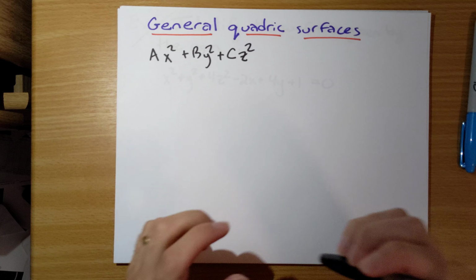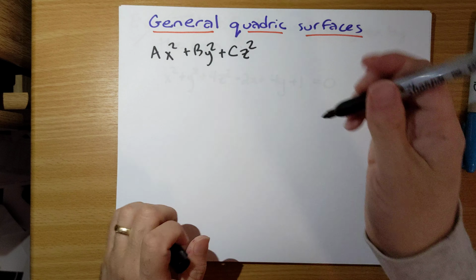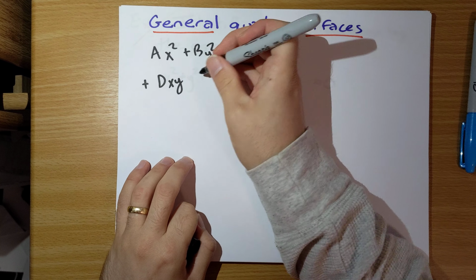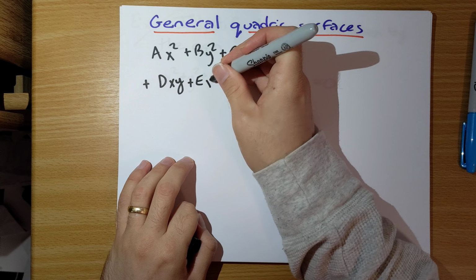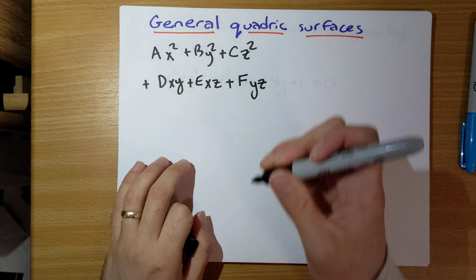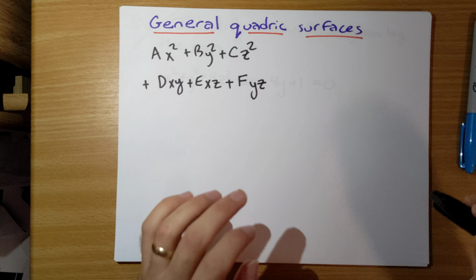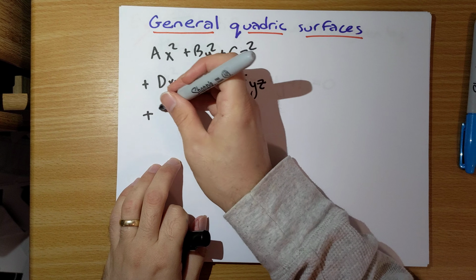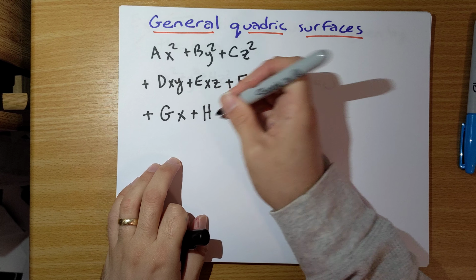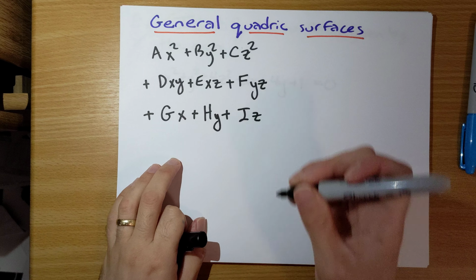We could have mixed quadratic terms of the x times y form. So d times xy. We could also have x times z, and we could also have y times z. And then there are different possible linear terms: g times x plus h times y plus i times z.